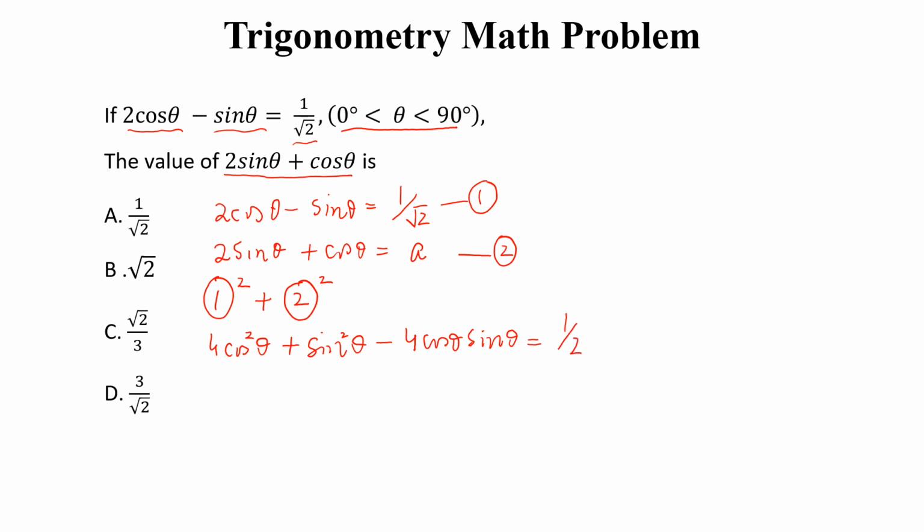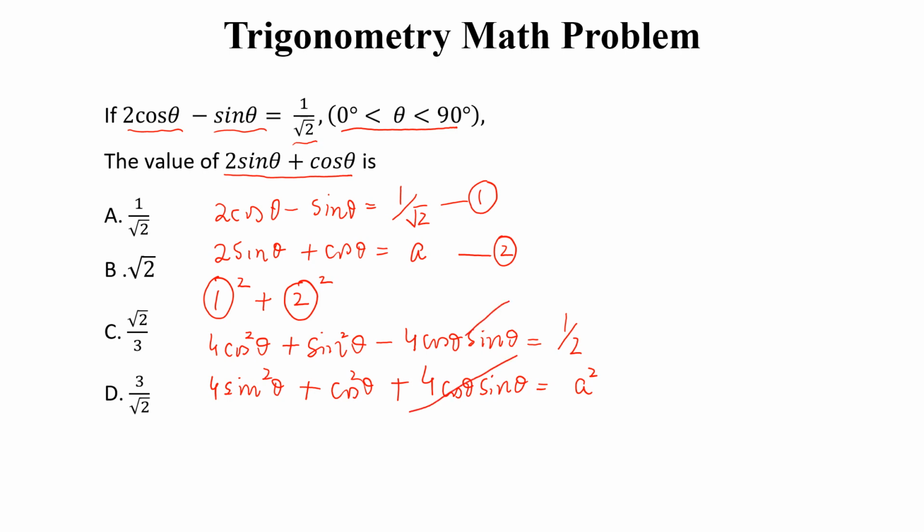Similarly, for the second equation we will get 4 sin square theta plus cos square theta plus 4 cos theta sin theta equal to a square.